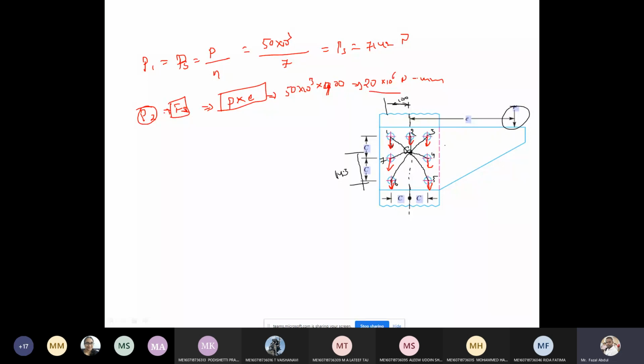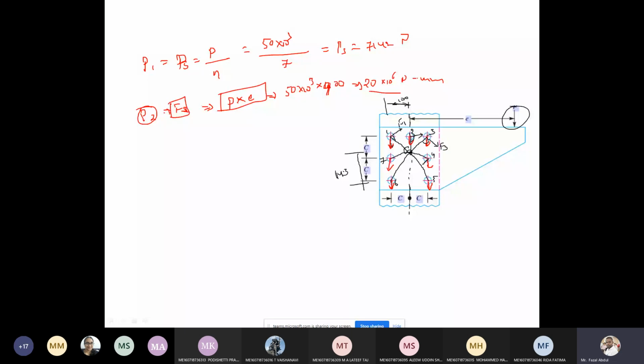For that reason, the turning moment on the first rivet is in the clockwise direction, that is F1. This F1 is perpendicular to this line. The second one is F2, perpendicular to this line. Third one is F3, perpendicular to this line.